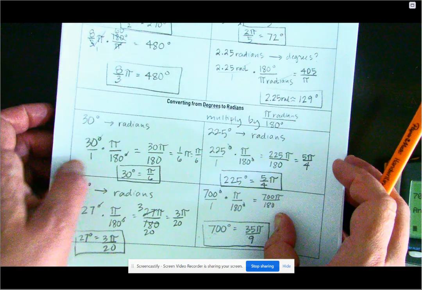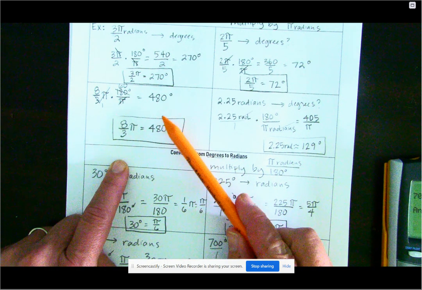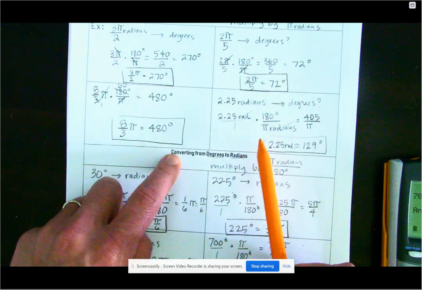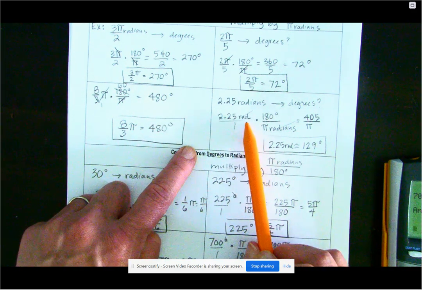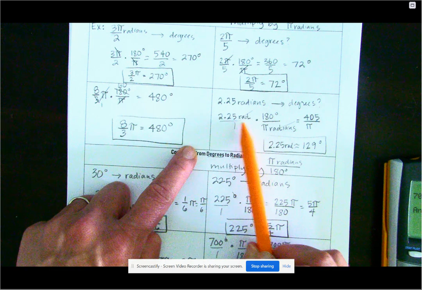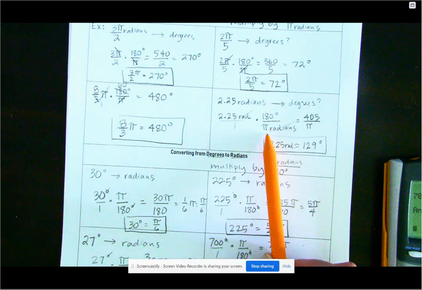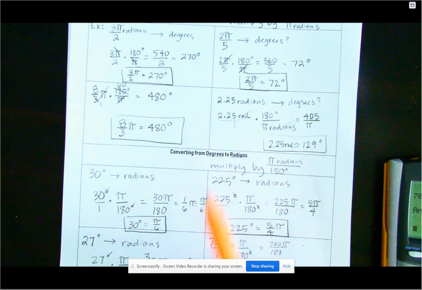And on these here, we're going to degrees. The only one that can be a little bit weird is when they give you radians not in terms of pi. Then you need to use pi in your calculation, like 3.14, the approximation, or the pi button on your calculator, which is a closer approximation to what pi is.